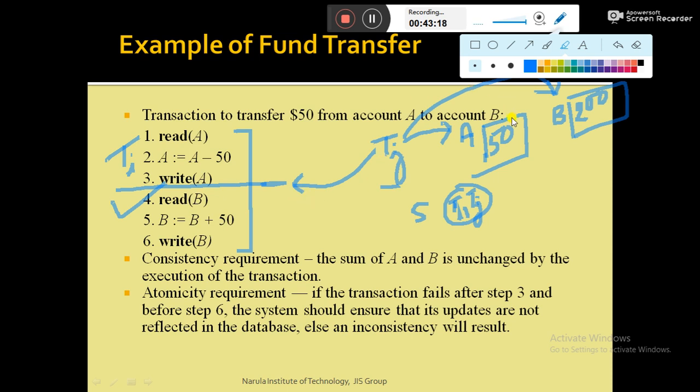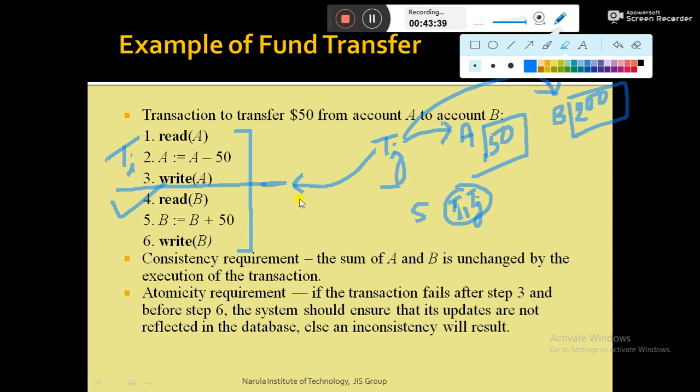So tj reads a and b, sums them to 250 and displays it to the user. But this is not the actual value, it should be 300 but it becomes 250. As if the user presumes that the $50 is destroyed.